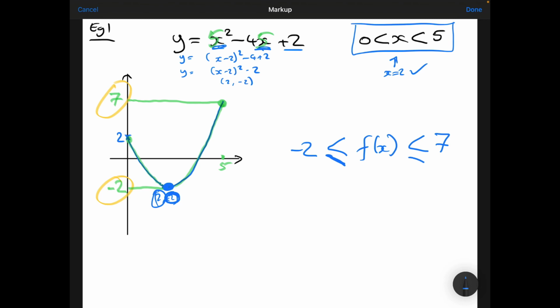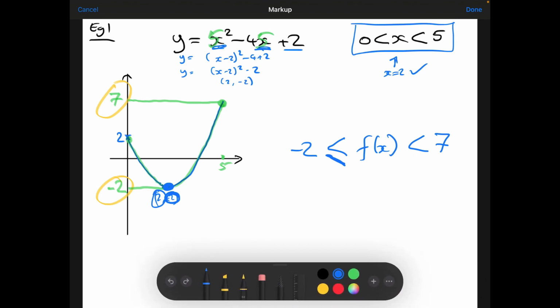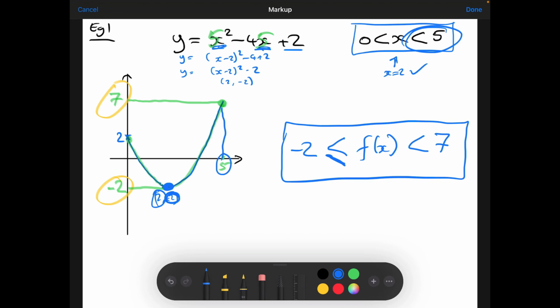I am not going to put a line underneath the 7 though. That would be wrong because the 7 occurs when x is 5. And looking at my domain, x is not allowed to be equal to 5. So this is my range of that function.